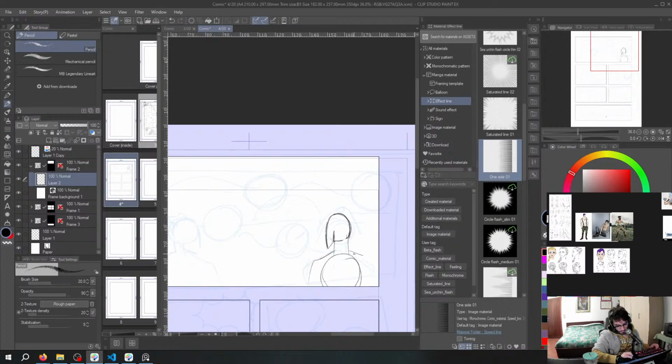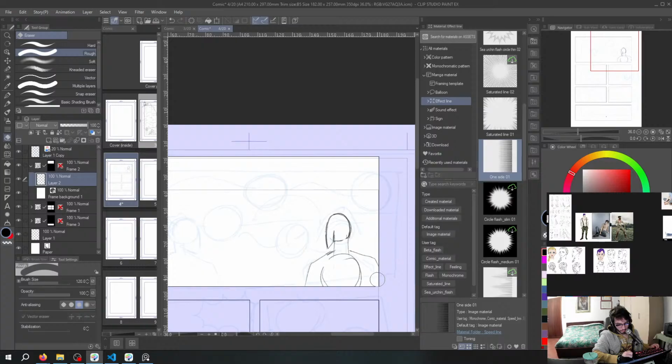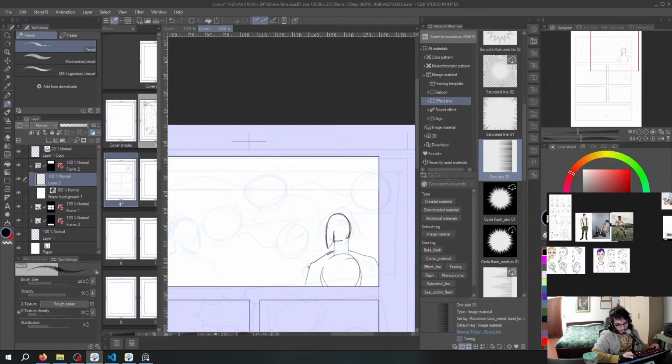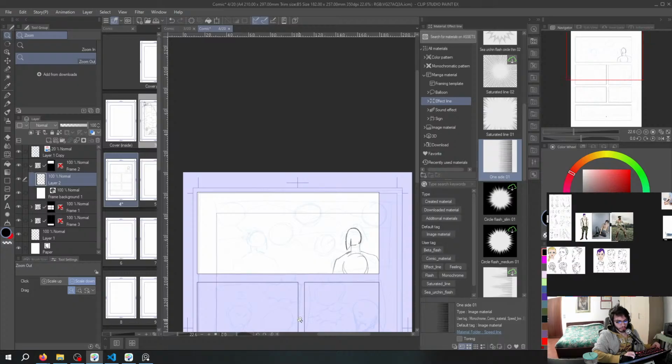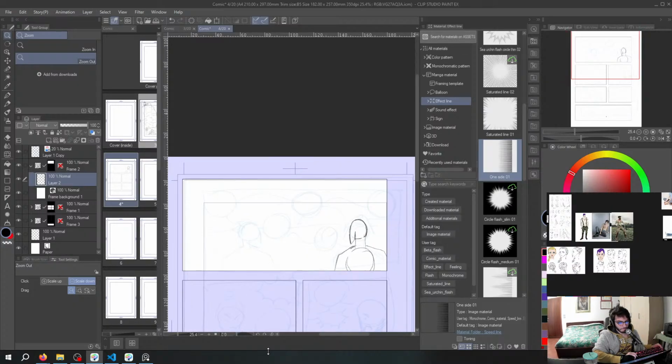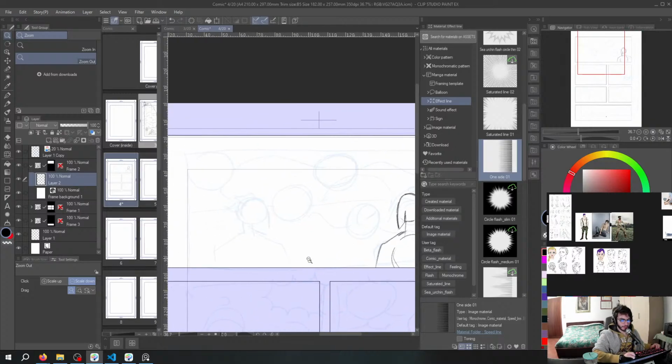Korean drama level of proportions. Korean webtoon love interest looking proportions. Problem is that the bubbles now are in the cutting area.